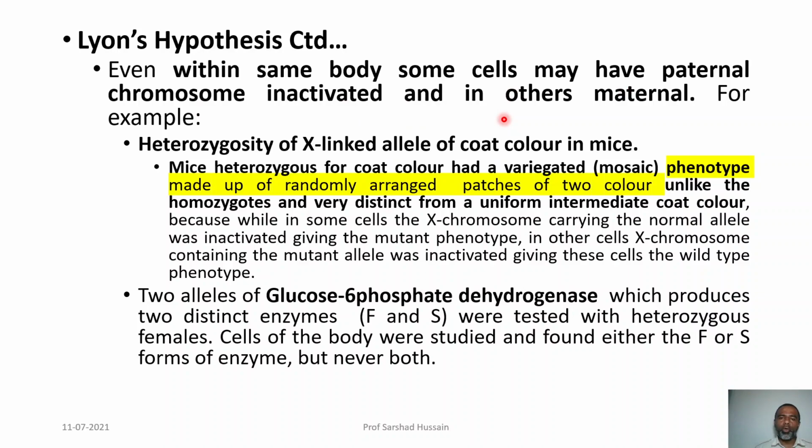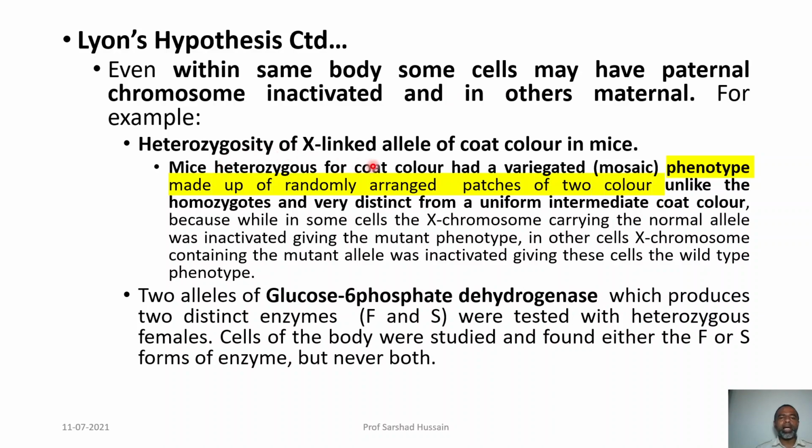So, it is not uniform in the whole of the body. The inactivation of the chromosome does not take place right at the stage of zygote formation; it takes place after the division of the zygote into many cells, so it is not uniform in all the cells. Sometimes some cells will inactivate the maternal chromosome and others will inactivate the paternal X chromosome.